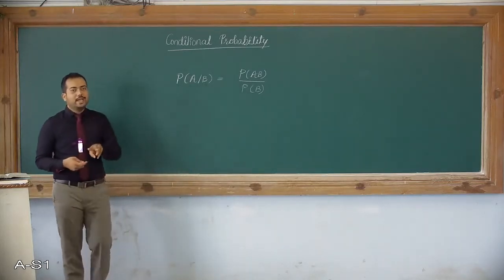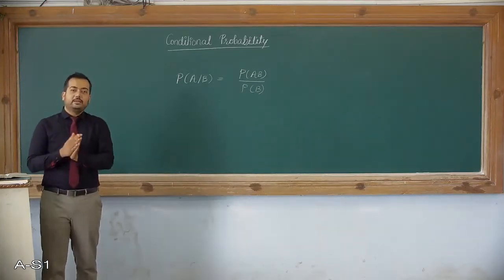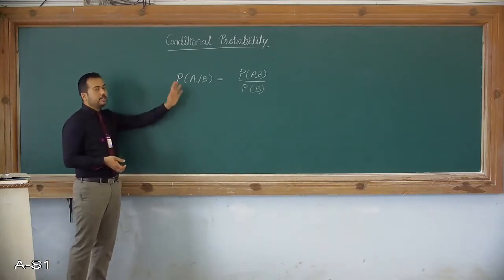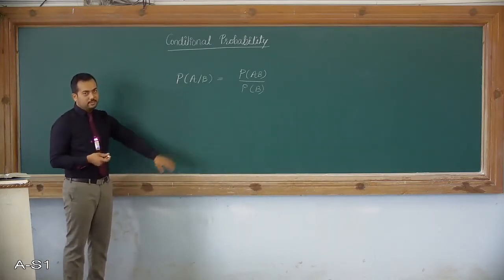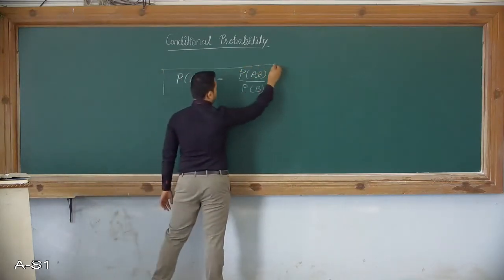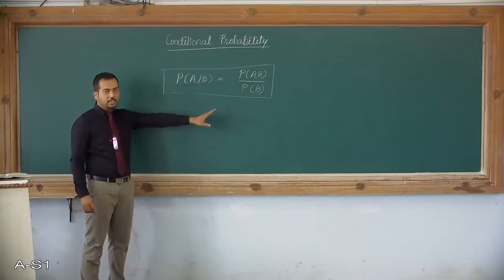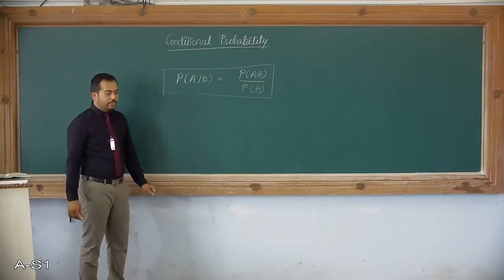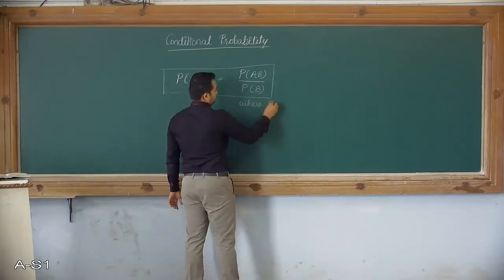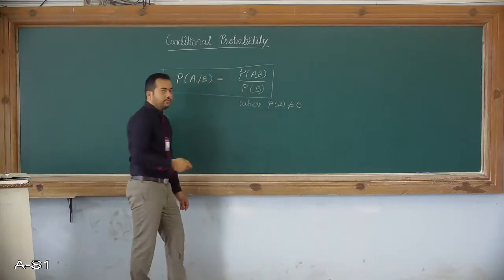Here A and B are related to each other, and the probability of A and B together is known, as well as the probability of B, and that helps us find the probability of A when B is given. It is stated in this formula that the probability of A when B is given is the probability of AB together divided by the probability of B, where the probability of B is not 0.